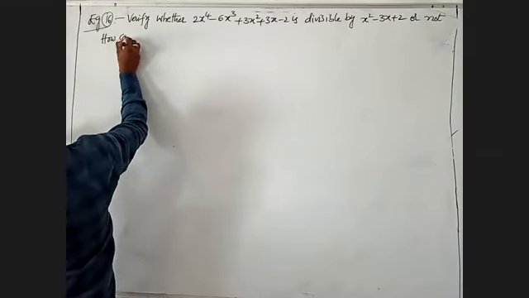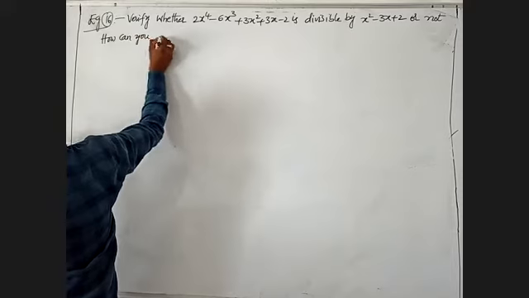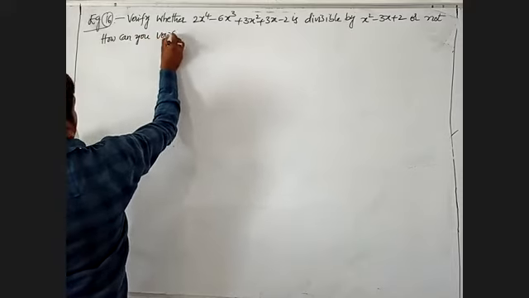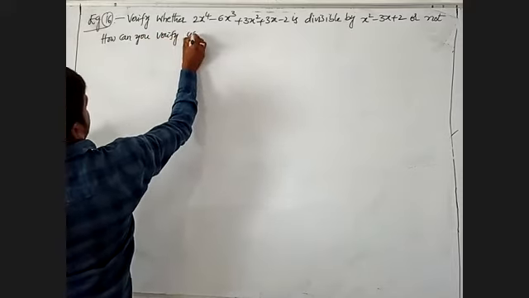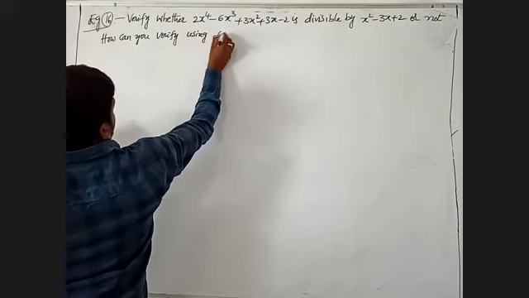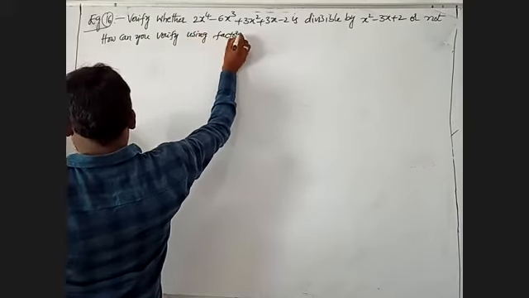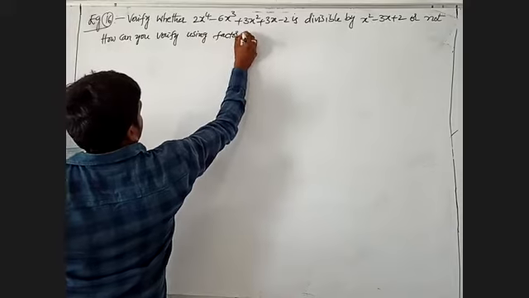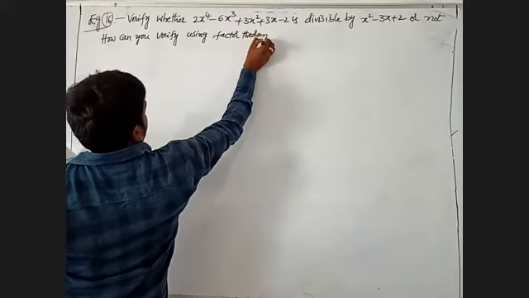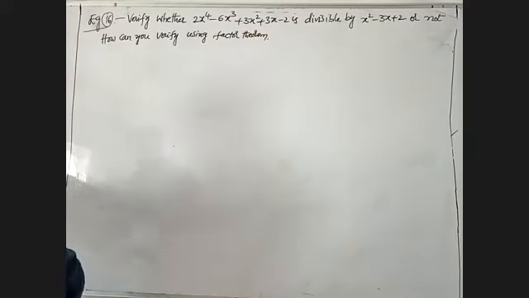How can you verify using the factor theorem?